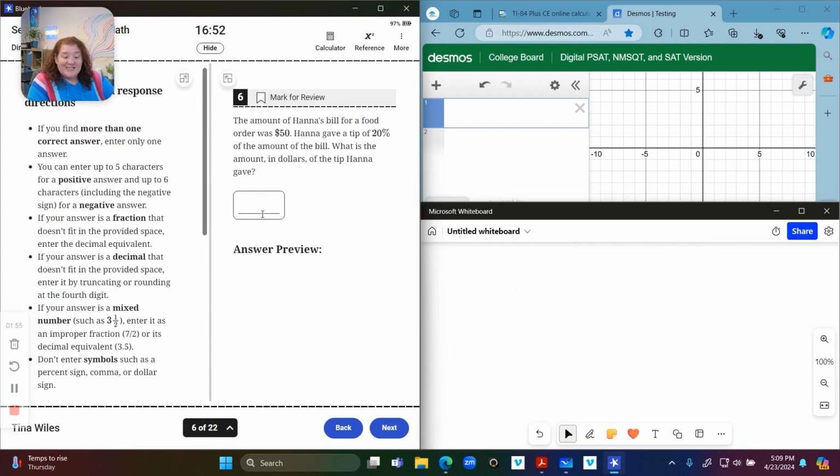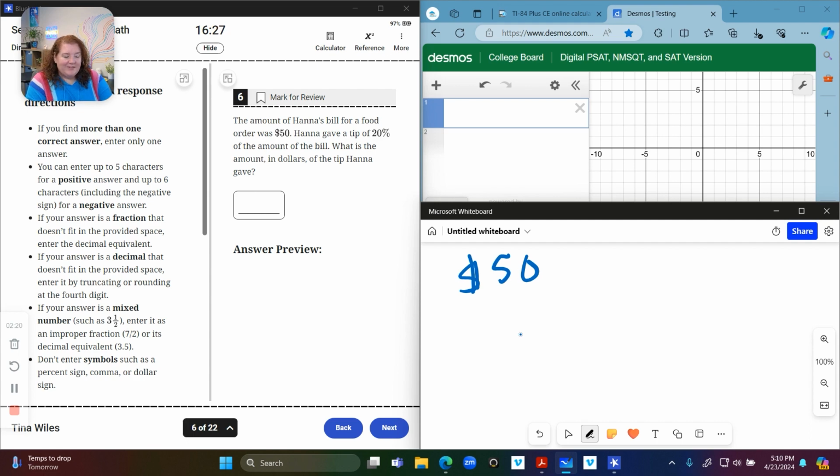All right, question 6 is another open-ended question. The amount of Hannah's bill for a food order was $50. Hannah gave a tip of 20% of the amount of the bill. What is the amount of the tip that Hannah gave? So they're only asking about the tip. They're not asking about the full amount. Of means multiplication.